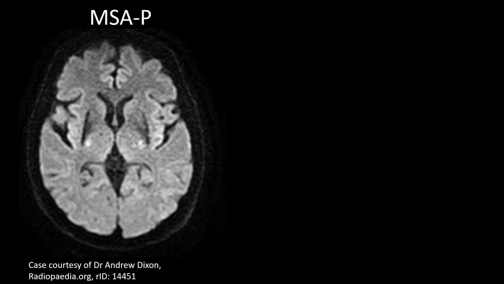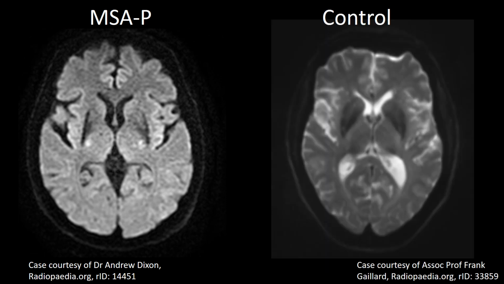MRI findings in patients with MSA-P are better appreciated when viewed in relation to control, using an MRI sequence that allows visualization of the basal ganglia.